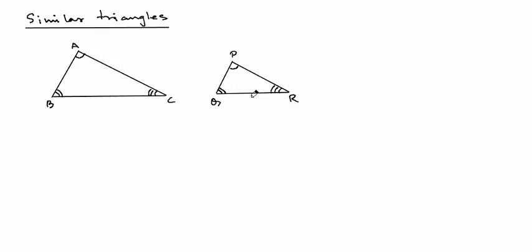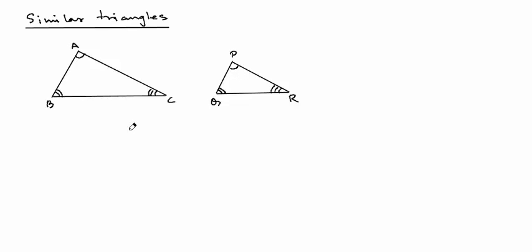That's when we say the two triangles are similar. It's as if one is a miniature version of the other, or one is an enlarged version of the other, whichever way you want to look at it. Such triangles are called similar triangles.